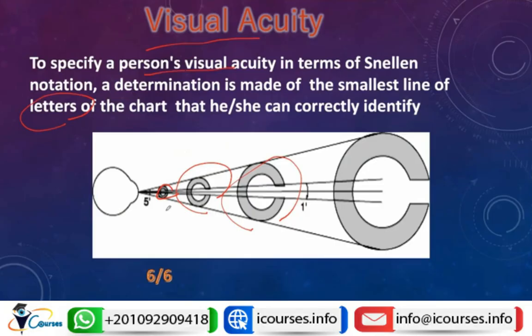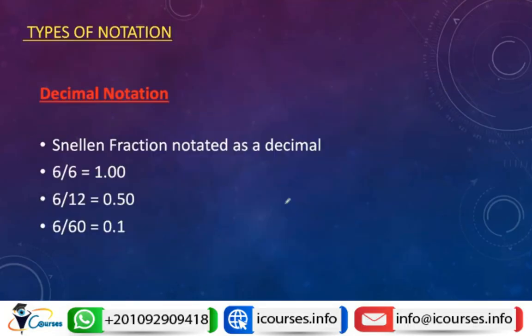So if this gap is small, then 6/6. If it is increased to 6/12, the gap increases to 6/36. If the patient still cannot perceive it and cannot see the gap because there is no unstimulated cone in between the stimulated cones, this patient will have a lower visual acuity of 6/60. So this is called the Snellen notation.